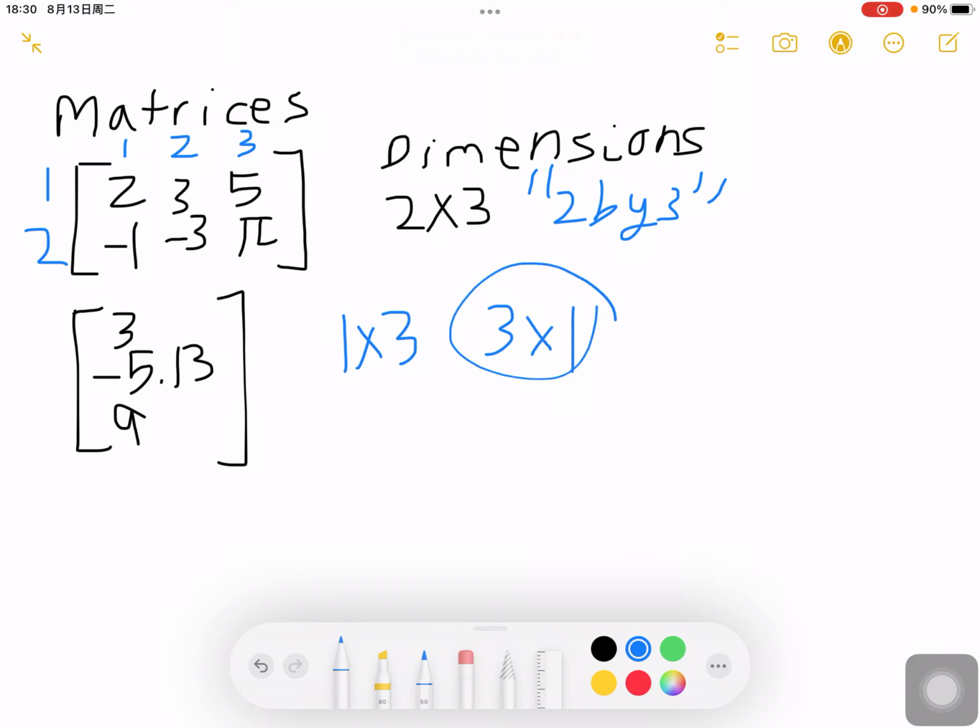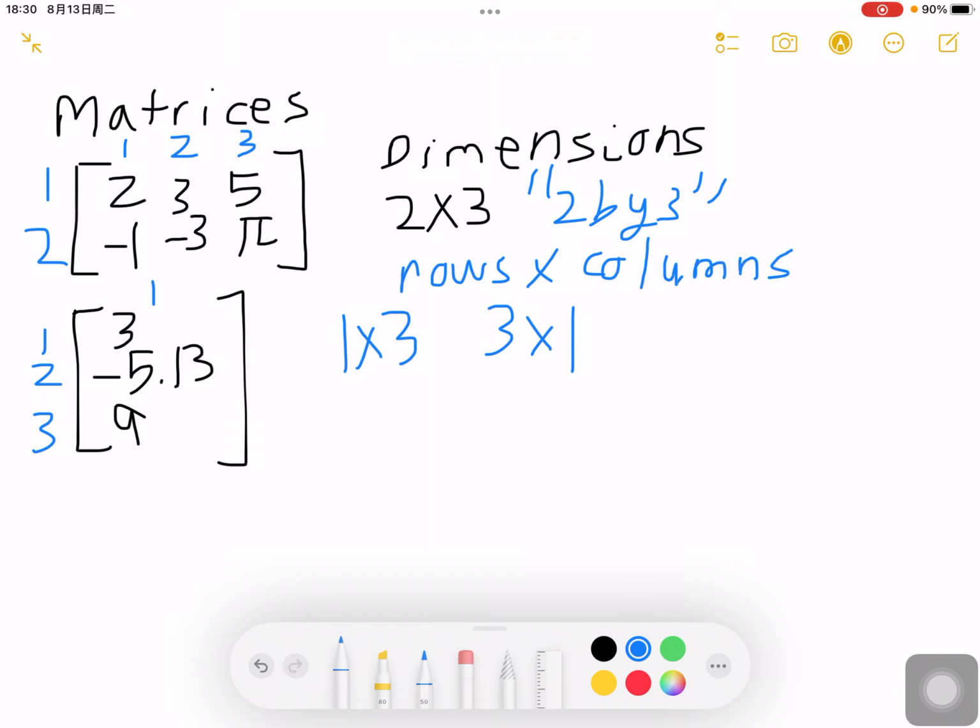The answer is it's a 3 by 1 matrix because it has 1, 2, 3 rows, and it has 1 column. So the rows go first. So we have rows by columns. The number of rows goes first, and there are 3 rows, so 3 goes first. Therefore it's a 3 by 1 matrix.